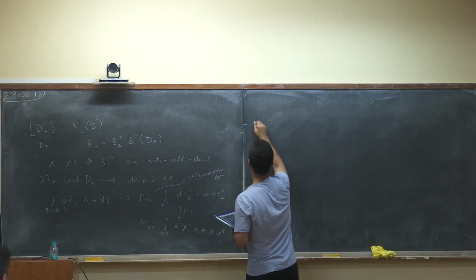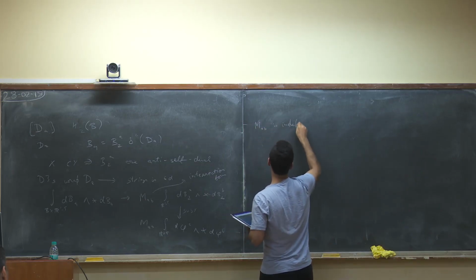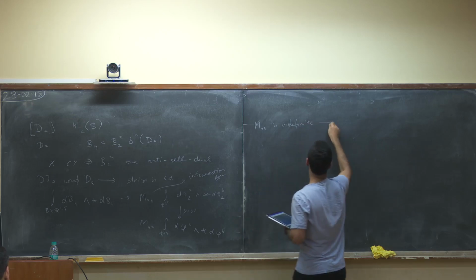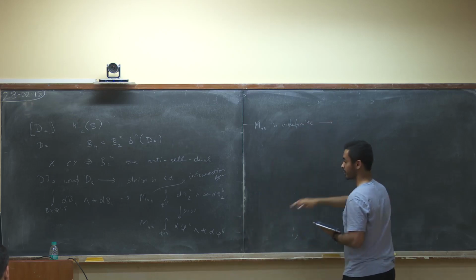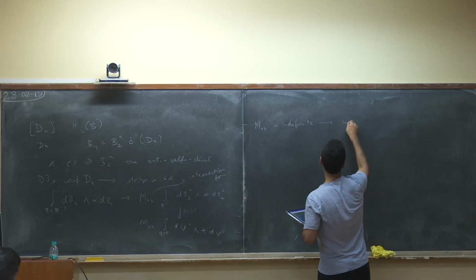Okay. So first assume that MAB is indefinite, this intersection form. Then you see that you don't have a good six-dimensional theory. So you have an unstable tensor branch.